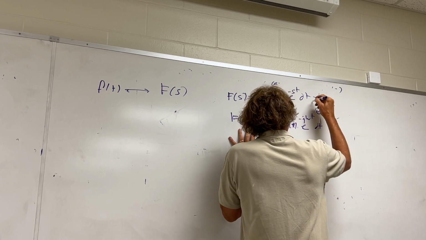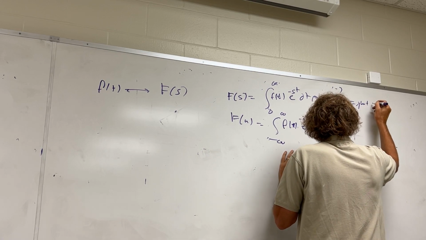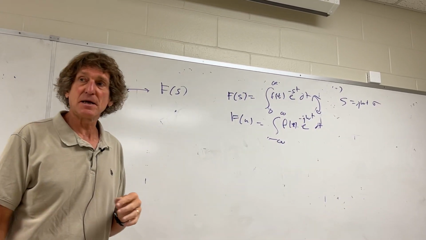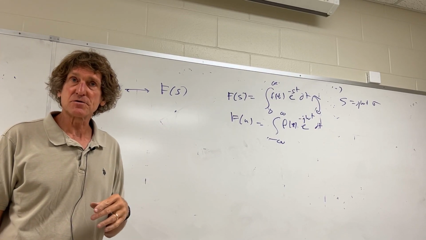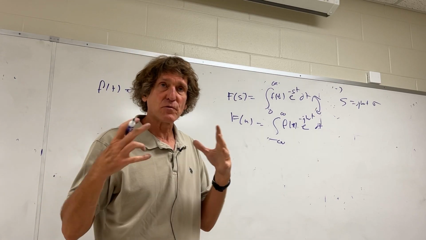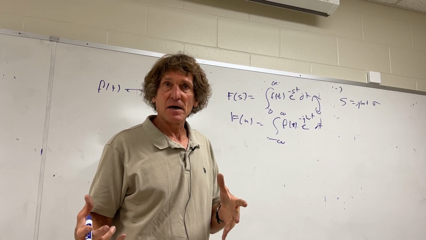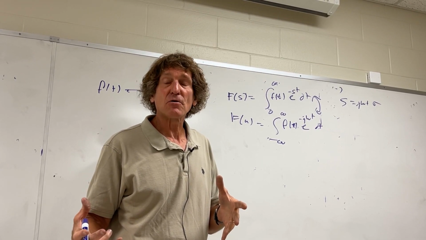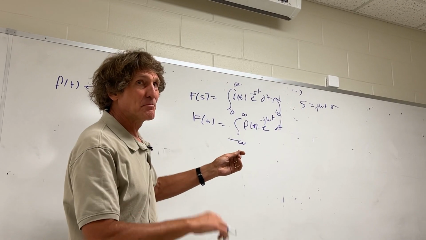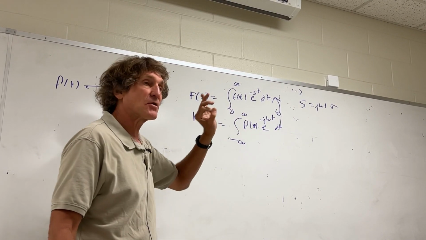The only difference between the two is that here s is equal to j omega plus sigma. Sigma has to do with stability. Did you have your controls classes or not? It has to do with stability or region of convergence. I think you had that in signals and systems, the ROC, region of convergence. But they're identical, and the only really big exception is that the lower limit goes to minus infinity here, while Laplace starts at 0.